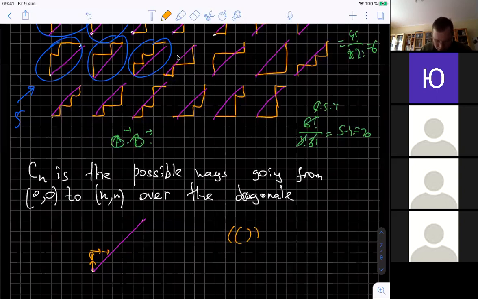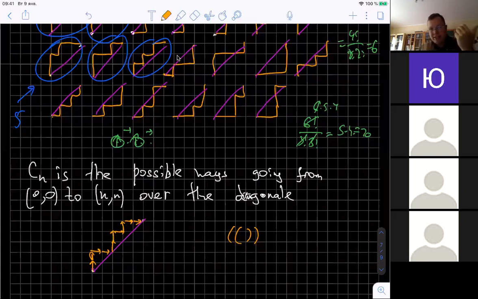And so we'll have exactly n opening brackets and n closing brackets. So we have n arrows up and n arrows to the right, and the closing brackets will never be greater than the opening brackets, because that would mean that this route, this way, is under the diagonal.